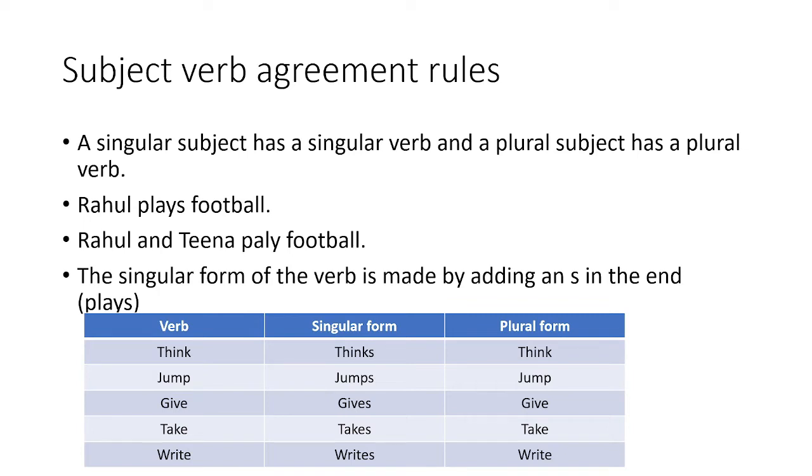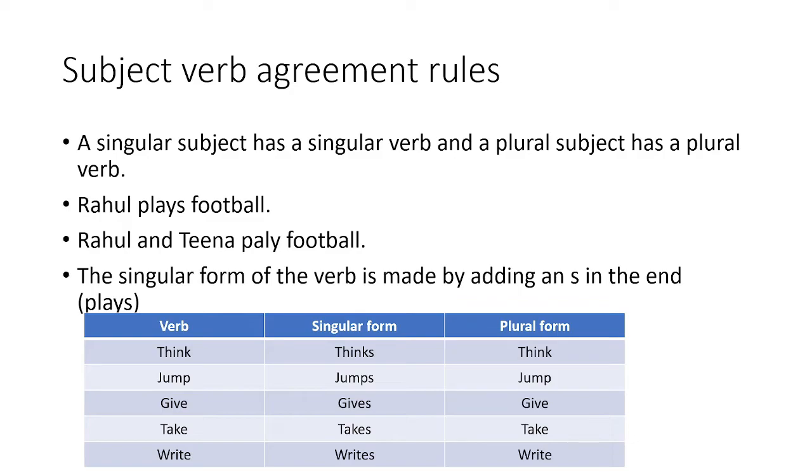You can see in the table, think: the singular form is thinks and the plural form is think. Jump, jumps, jump. Give, gives, give. Take, takes, take. Write, writes, write. You can see how the verb can be modified from singular to plural form. To make the singular form, we have to add s, and in the plural form, we take the verb as it is. No changes, no adding s or anything.